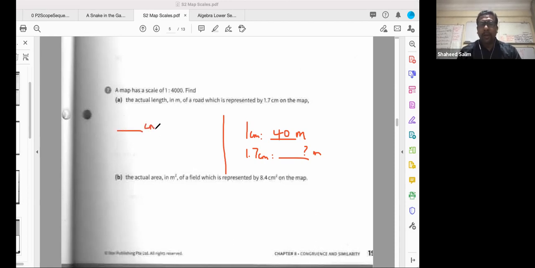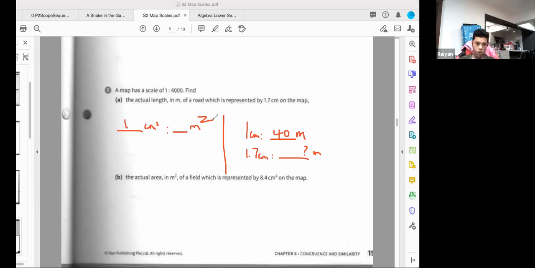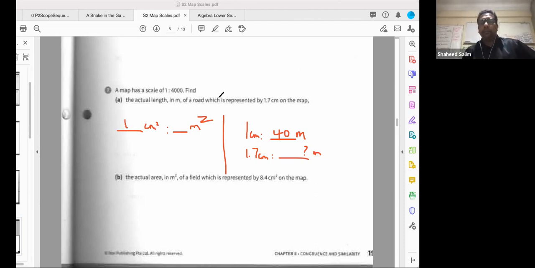You do like square is to how many square? How many meter square? Remember that? Cannot remember. Okay. In order to change this to this form, all you need to do is bracket, you square it. This one you bracket, you square it.